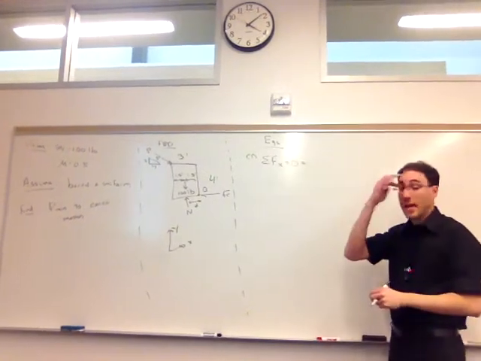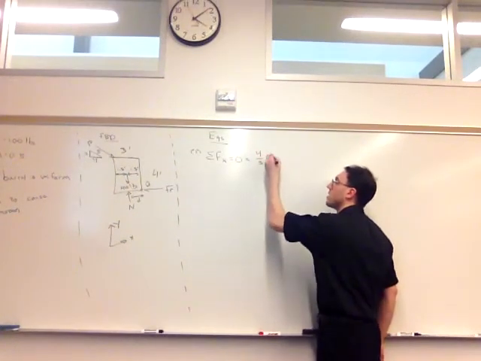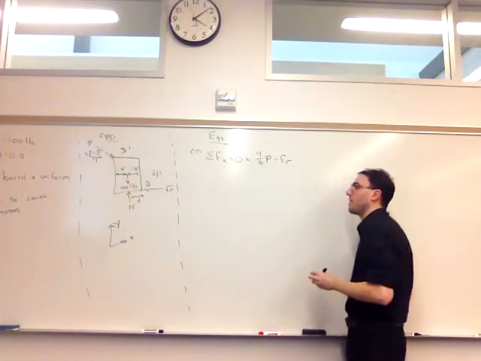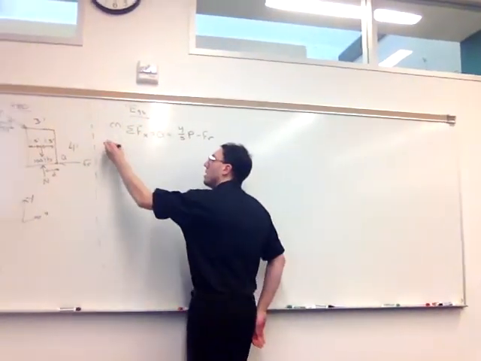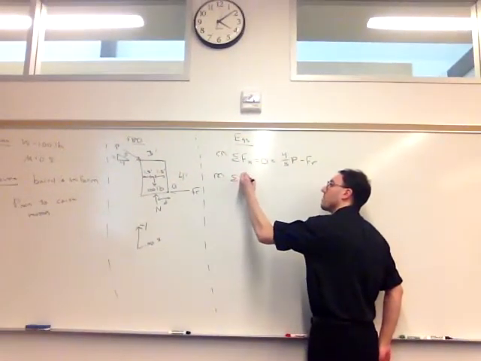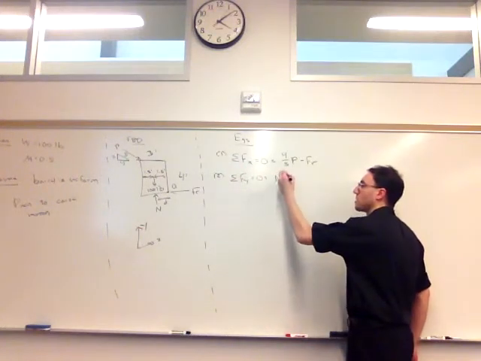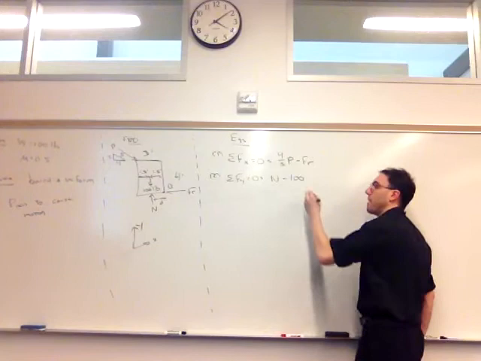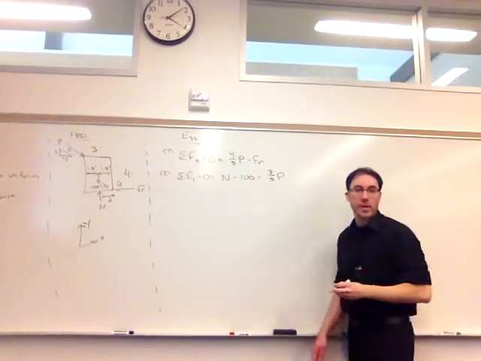If we sum forces in the x direction, we'll have a component of force P, and we'll have the friction force to the left. In the y direction, we'll have our unknown normal force, the weight of the barrel, and the vertical component of our applied force P.